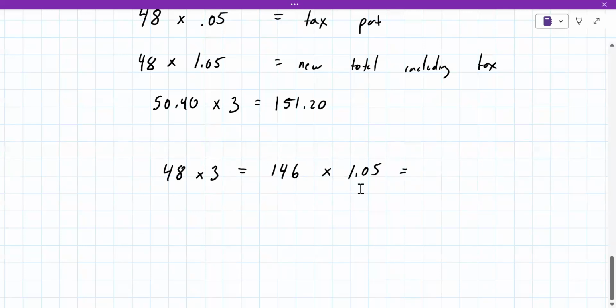So could you calculate that for us, please? $153.3. Maybe I added these wrong. Oh, sorry, 144, I multiplied wrong. Try that, please. It should be 151.20.